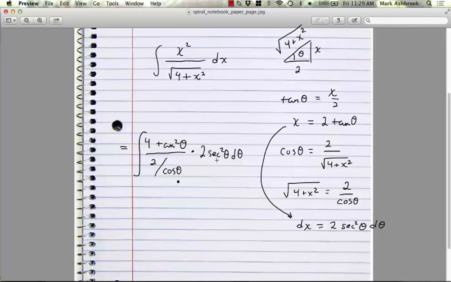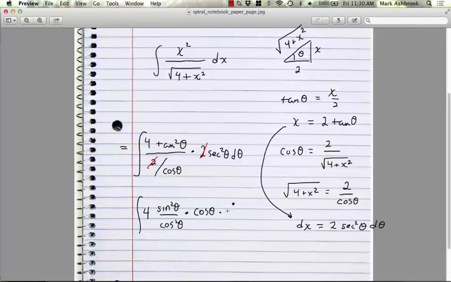And now we can use identities to get this as simple as we can. First of all, we've got a 2 and a 2 that can go away. Let's take those out. So what do we have? 4. What is tangent squared? That's sine squared over cosine squared. Let's just get everything in sines and cosines. Then times, this is 1 over cosine in the denominator, so that's times a cosine.